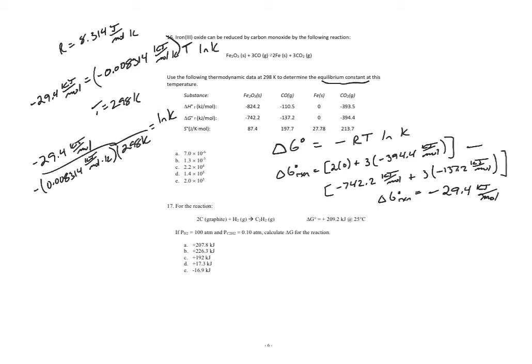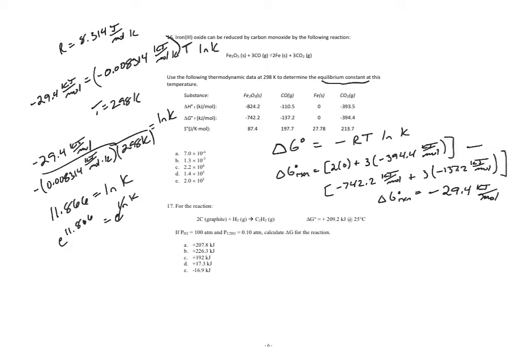So now we should evaluate the left-hand side of this equation. What I found is 11.866 is equal to the natural log of K. Now remember, to get rid of the natural log, I need to use the exponential function on both sides. The exponential and the natural log cancel out.